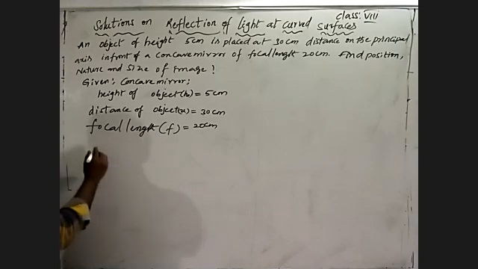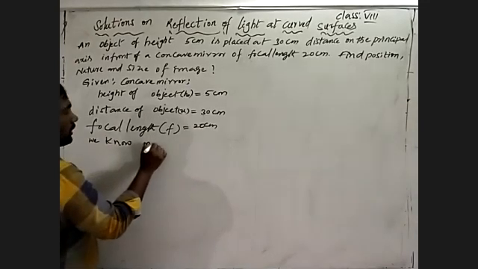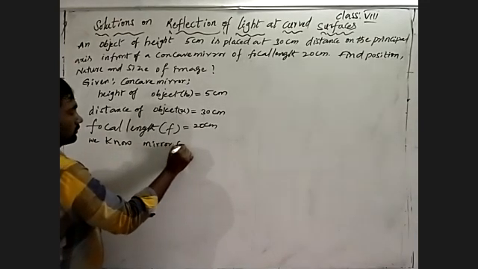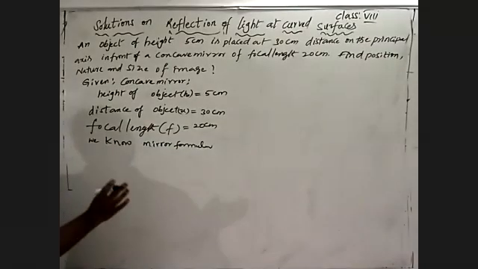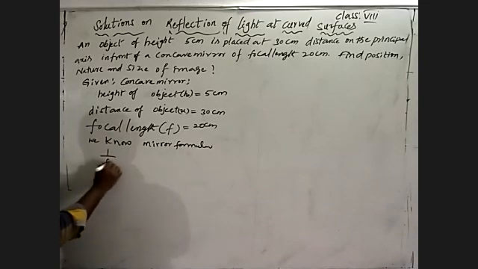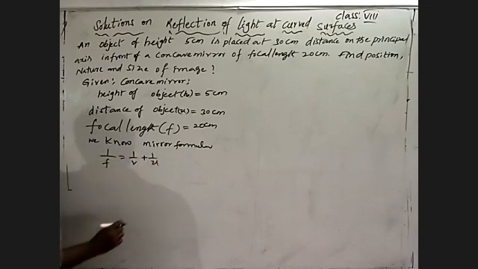Okay, let's find it. We know the mirror formula. Because we are using the mirror formula, first we have to solve for the image distance in relation to object distance and focal length. So 1 by focal length is equal to 1 by image distance plus 1 by object distance.